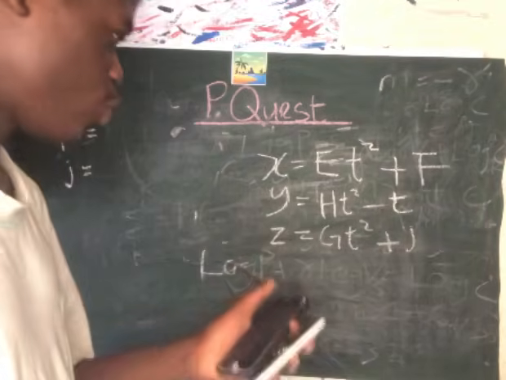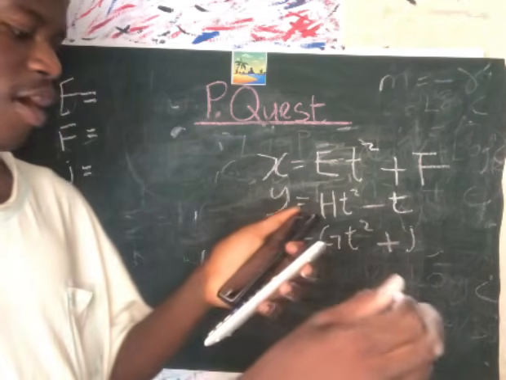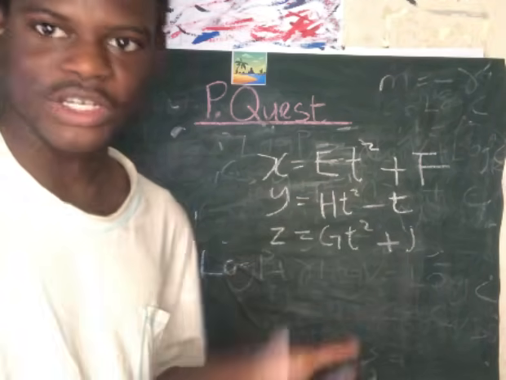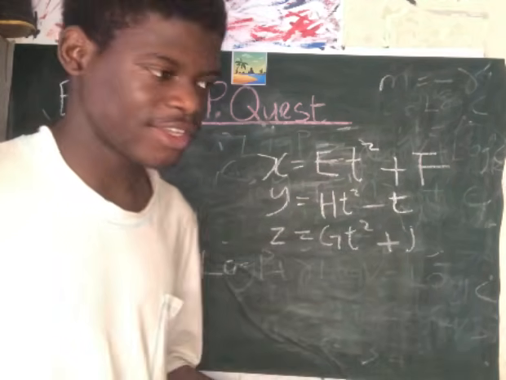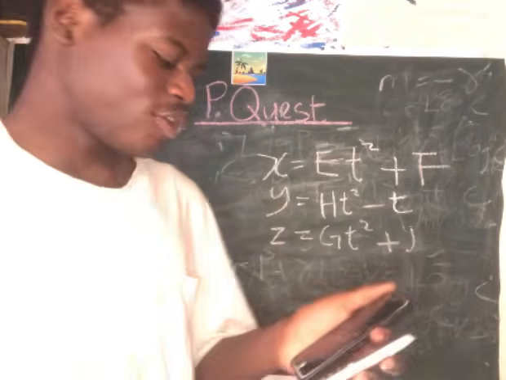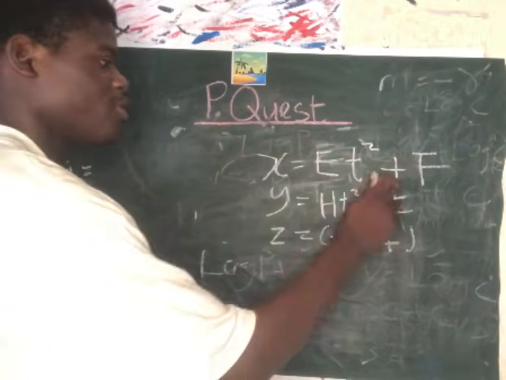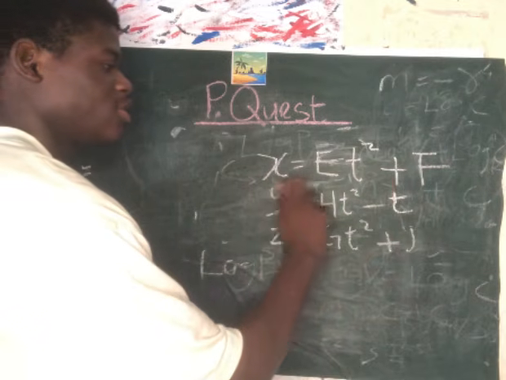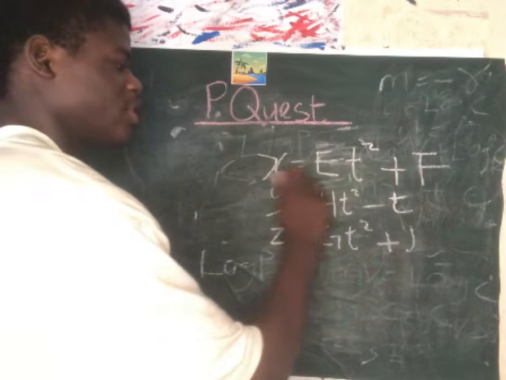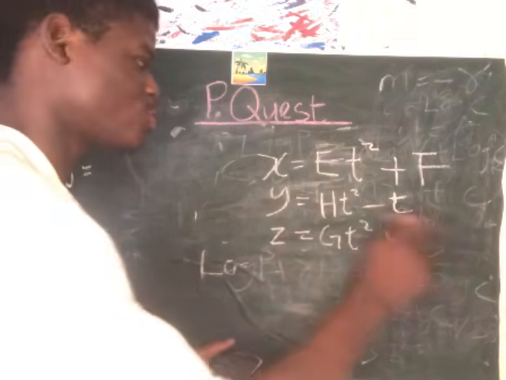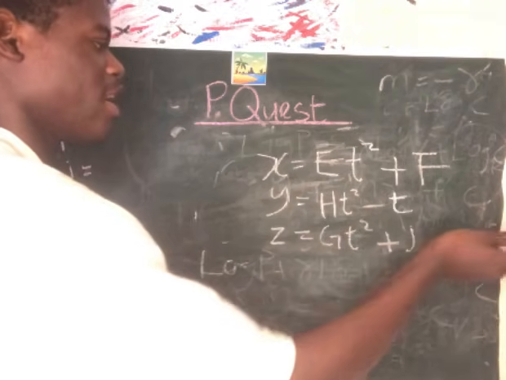You use the principle of homogeneity. We all know x, y, and z are lengths, so the dimension of x, y, and z is L. To find f is very easy. x and f are separated by an equal sign, so x is equal to f.